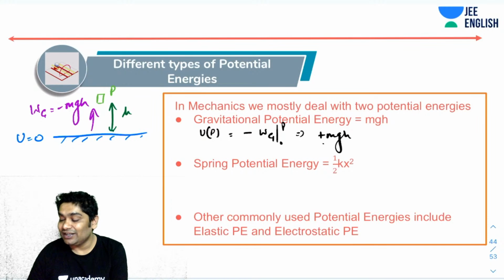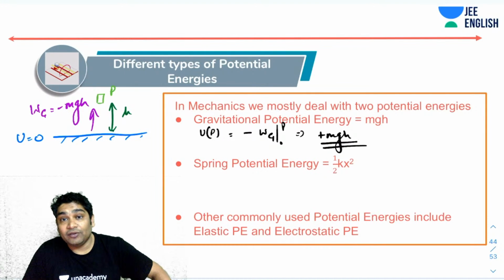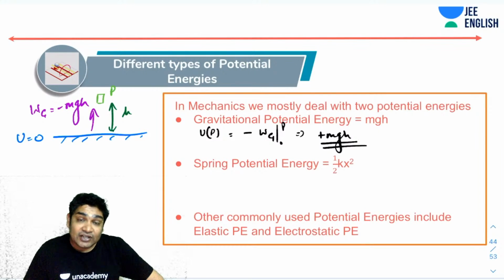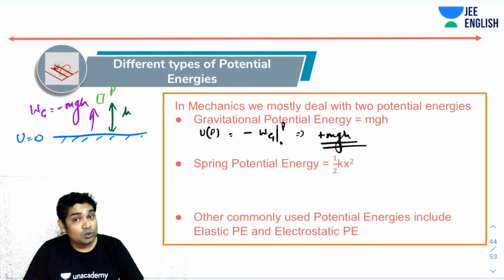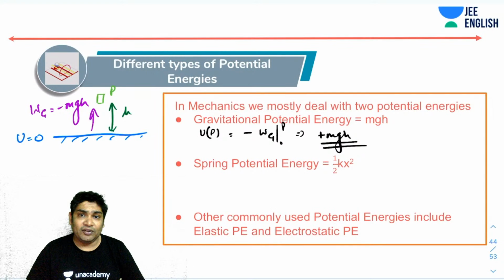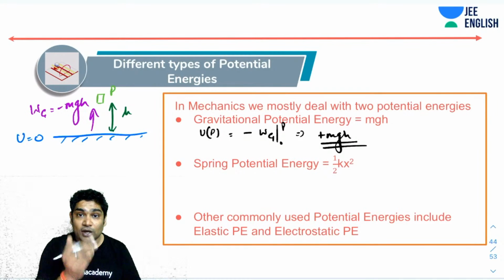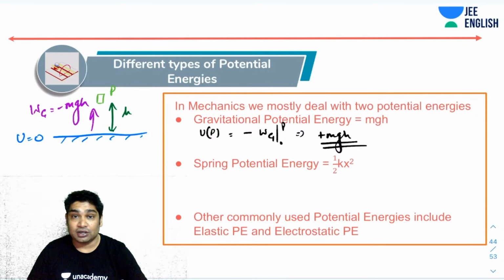That is why you say that at a height h, the gravitational potential energy of a body would be mgh. Here the reference point has been chosen as the ground. Now please note that you can choose a different reference point and define different potential energies, and your problem solving will not get affected. Why? Because in problem solving you mostly talk about the change in potential energy. And as I said, the change in potential energy is independent of your choice of a reference point or your zero point for the potential energy.